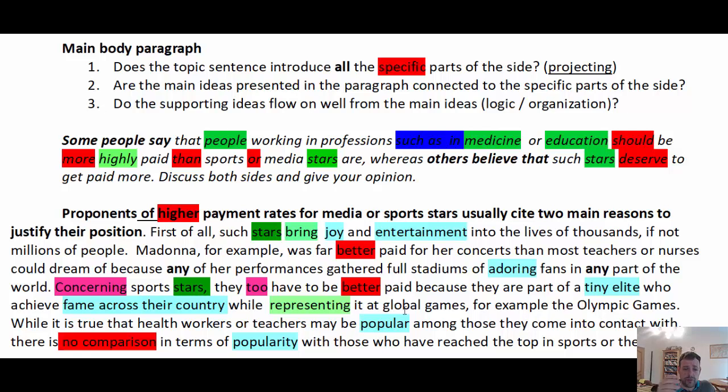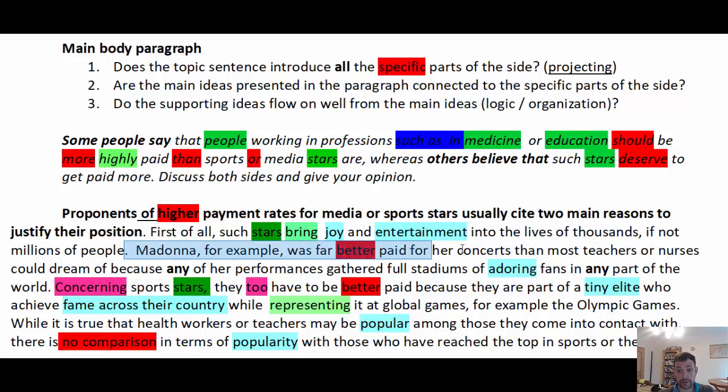Okay, and then in terms of organisation, one little thing to think about, which is okay, at the end of the paragraph, I'm talking about popularity. There's nothing here in the exam task about popularity. It's at the end, it's not a problem. If I come back later in the essay to again link popularity. I also did it here.